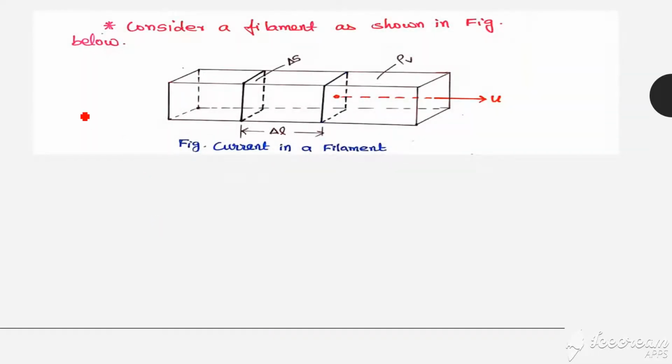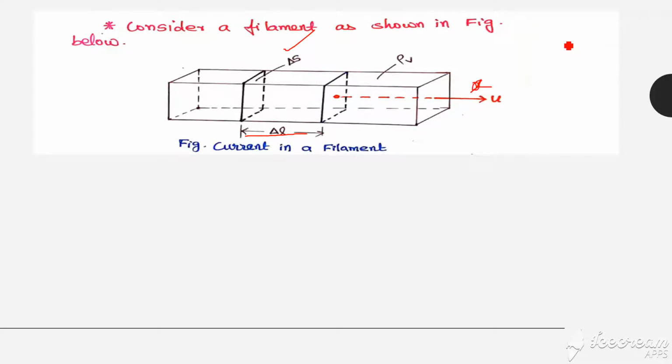Now consider a filament as shown in the figure. It has cross-sectional area delta S and the length of the finite element is delta l. The volume charge density of the filament is rho_v, and the velocity is along the y direction.